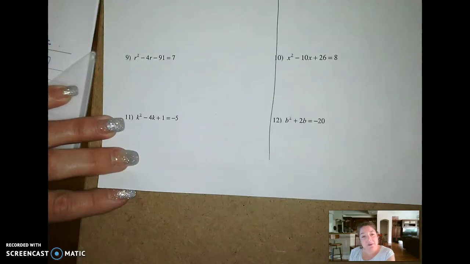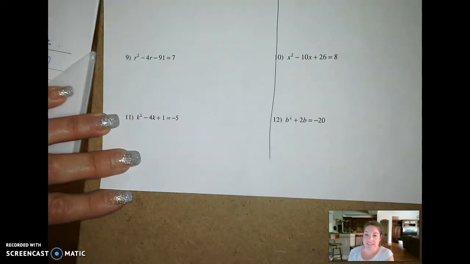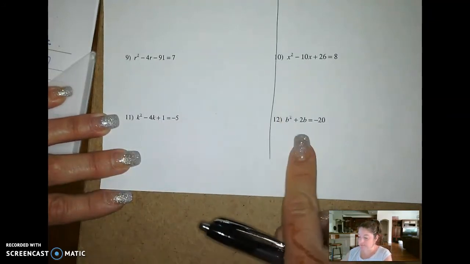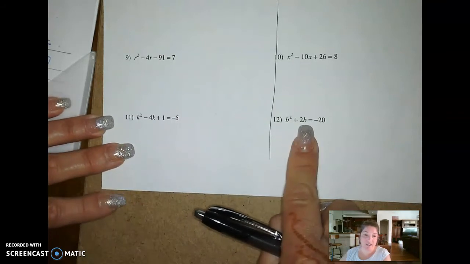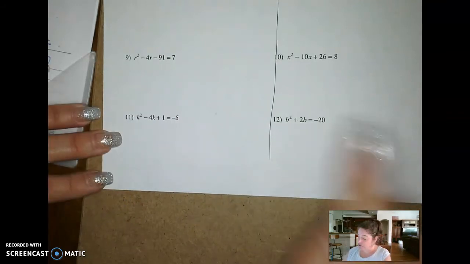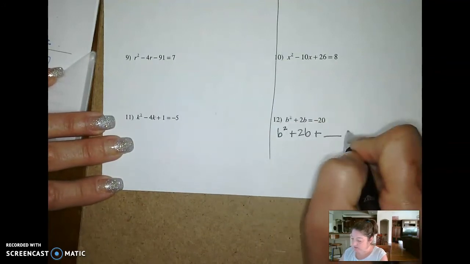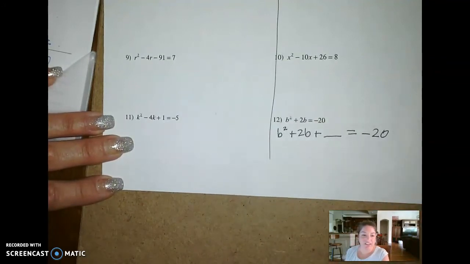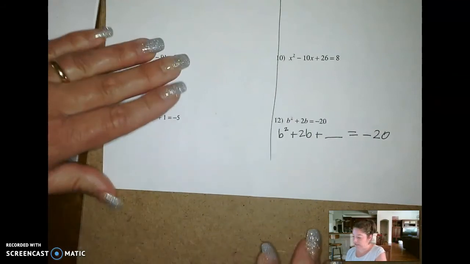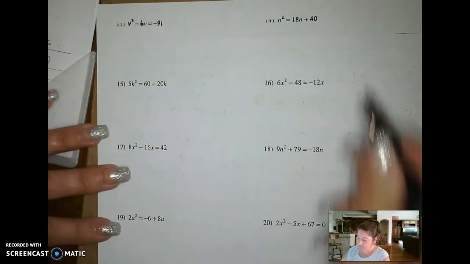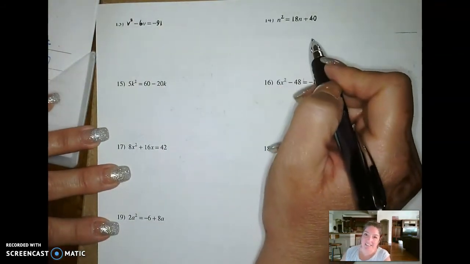The last thing I wanted to tell you is that sometimes, like when you get down to the bottom, number 12, for example, it's already set up for you, which is great. When you go to write it, I would put the plus blank inside there. Get it set up so that you can be successful. On the back, number 14, it's not set up for you.